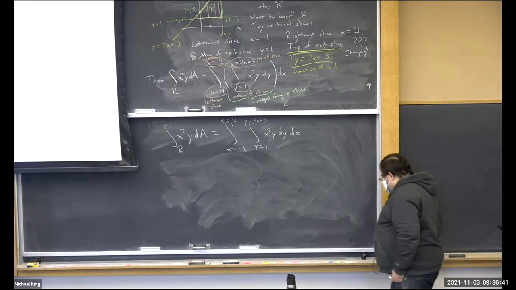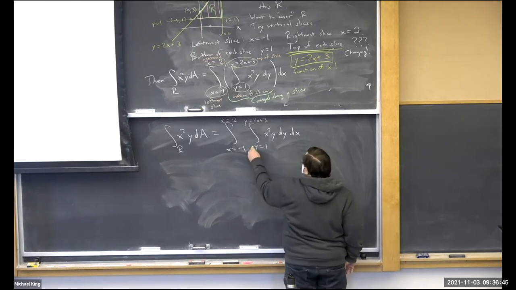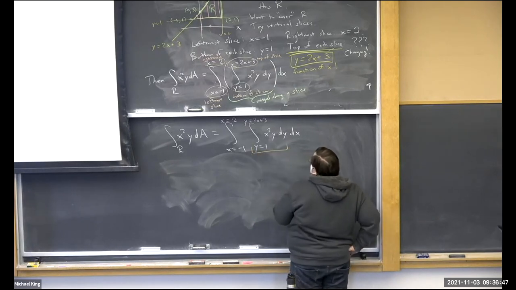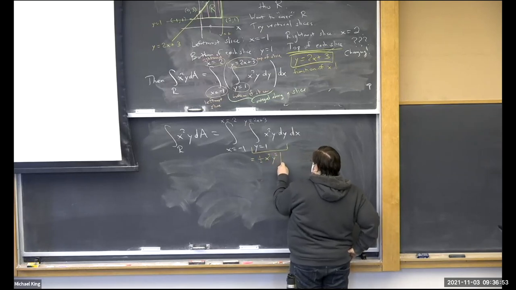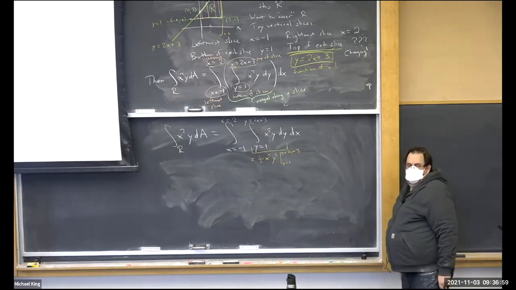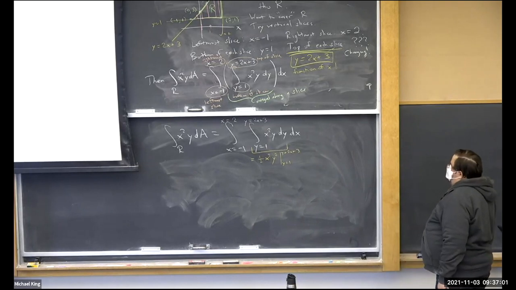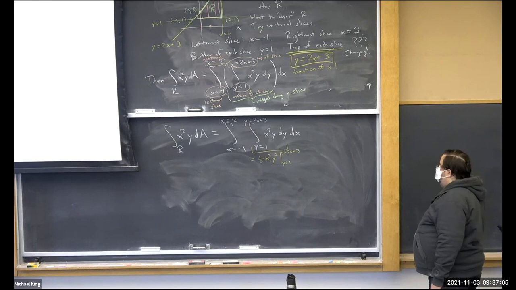So let's actually evaluate the inside integral. What do we get? Well, we saw this already in the previous example. It's that, right? But now we have to plug in 1 and plug in 2x plus 3. So now it's going to be a more complicated function of x.